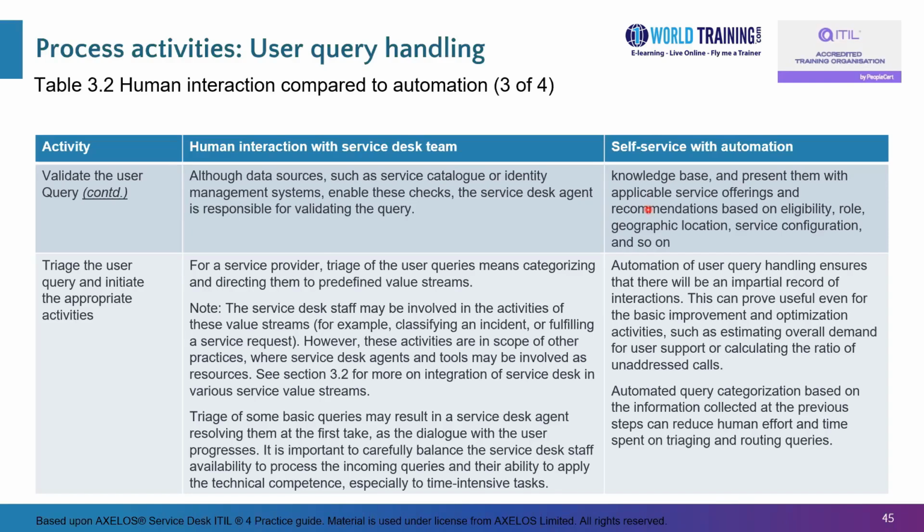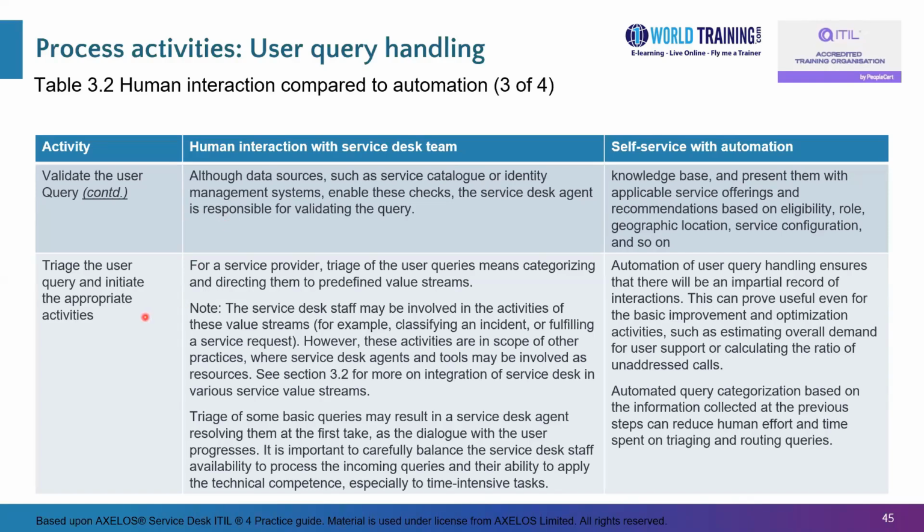So in the case of automation, the users will be presented with the applicable service offerings based on their eligibility, role, etc. during the validation. And for the human interaction during the validation, the service desk agent will be responsible for the complete validation of the user and their query.